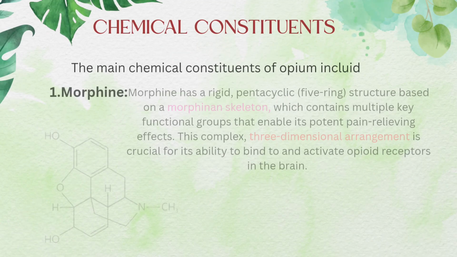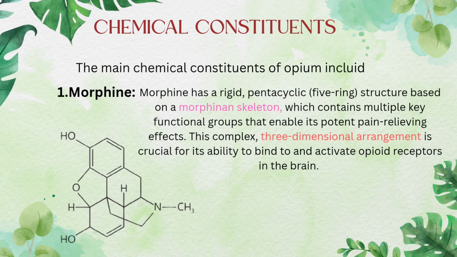Then chemical constituents. The main chemical constituents of opium include, first, morphine. Morphine has a rigid pentacyclic, 5-ring structure based on the morphinan skeleton, which contains multiple key functional groups that enable its potent pain-relieving effect.